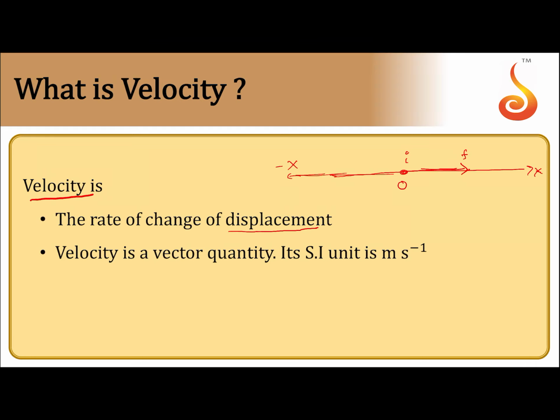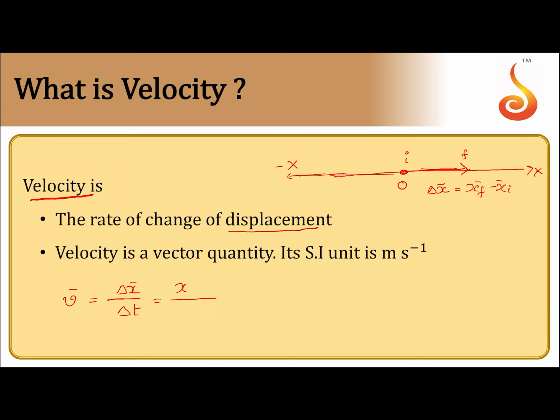So, we can write it like this: velocity is equal to displacement. Now, suppose I consider the displacement as delta x, then delta x is the magnitude of the displacement. So, I should rather write it as delta x is equal to xf minus xi. You have already studied that. So, we will write it as delta x divided by delta t.